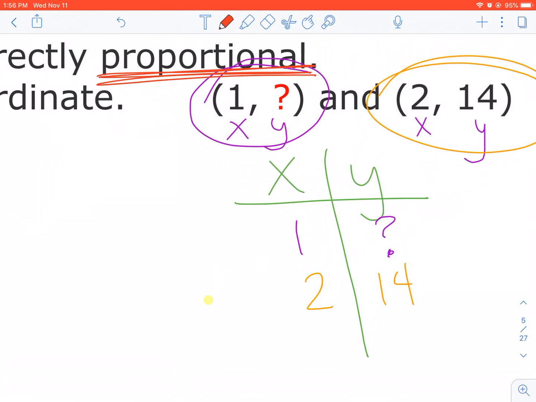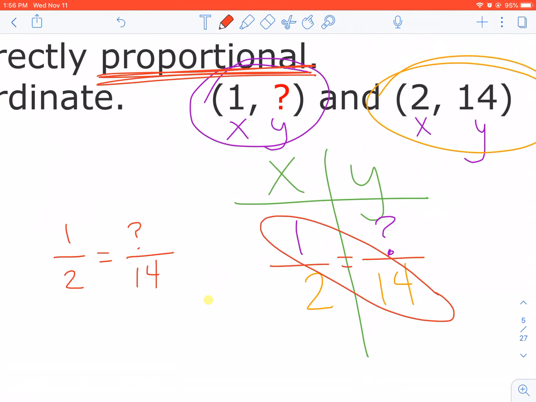I'm going to turn these, and it's almost like I'm going to separate it out like this into fractions and put an equal sign in the middle. So in my t-chart it's going to kind of just look like this. And whenever you solve a proportion, you multiply the diagonal that has both of the numbers, and then you divide by the leftover.